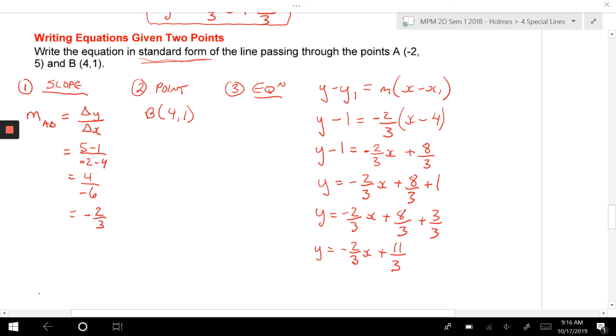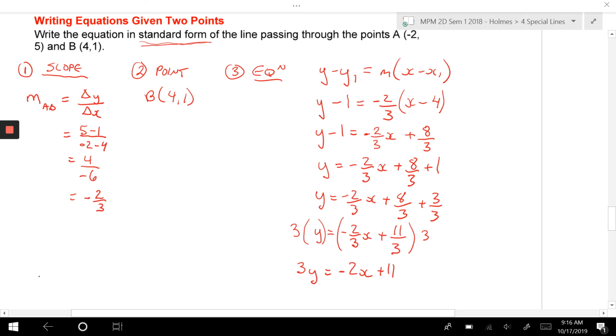So the first thing I want to do is multiply everything through by 3. 3 times y, and I'm going to multiply the right-hand side by 3 as well. So that just gives me 3y. Minus 2 times 3 divided by 3, my 3's divide out, and I'm just left with minus 2x. 11 over 3 times 3, again my 3's divide out, and I'm left with plus 11.